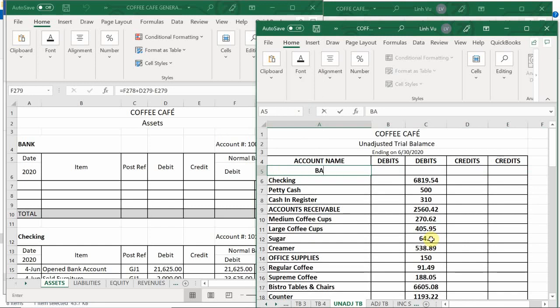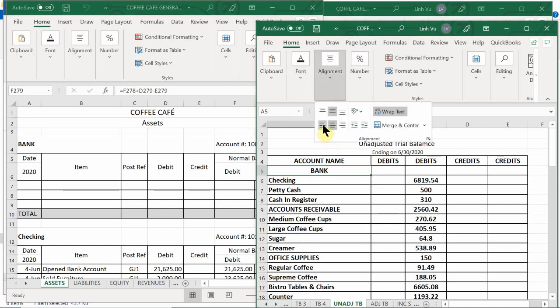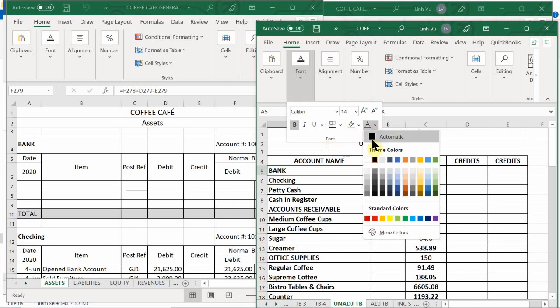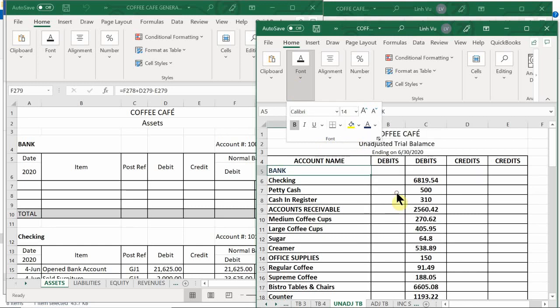And since I need to make a difference between the accounts, I need to make sure that I know which ones are my main accounts and which ones are my sub accounts, right? So in this case, I'm going to make this a different color. And what I like to do is use blue.